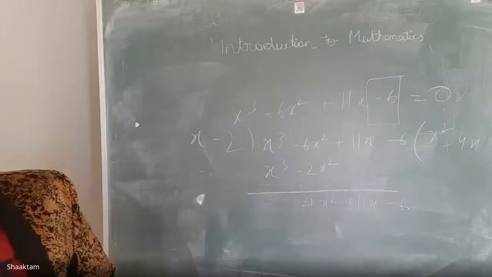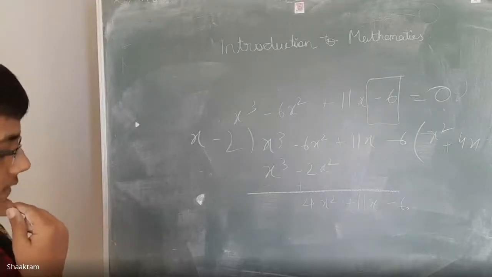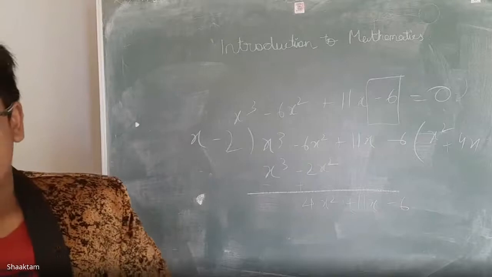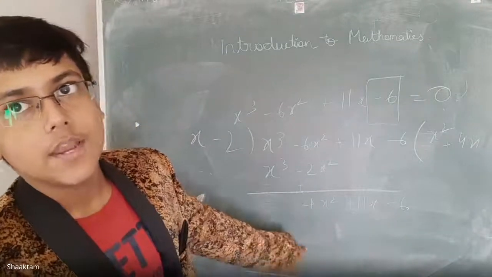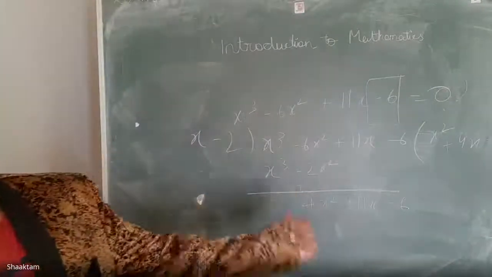It should be minus 4x square, right? If you put minus 4x square, it'll become a plus sign, and then you'll get 8x square. So you'll have to put plus 4x, right?